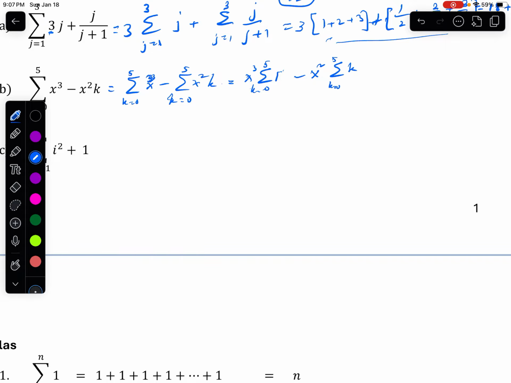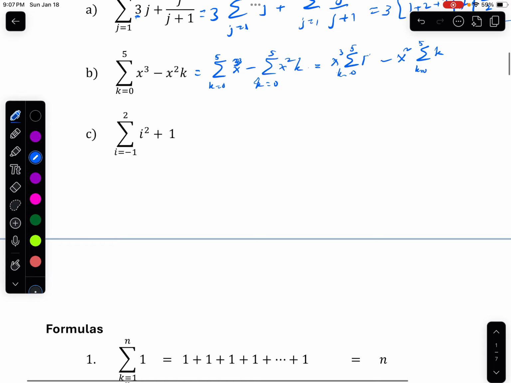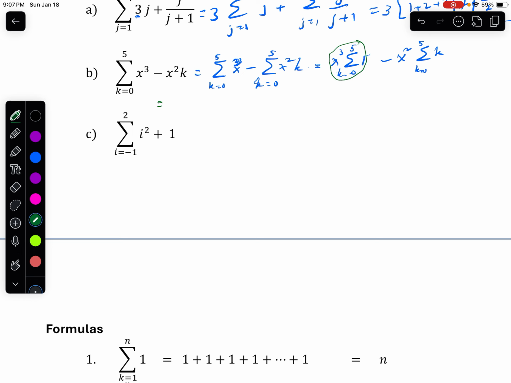So now we plug in values. So I get, in the first case, x cube, and then I will put this bracket here. Maybe I'll keep the x cube as blue.